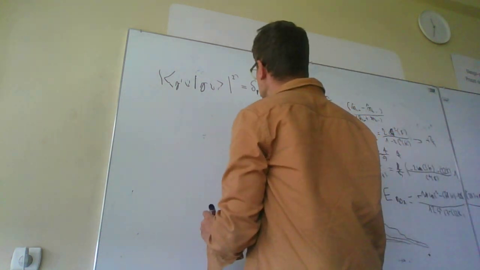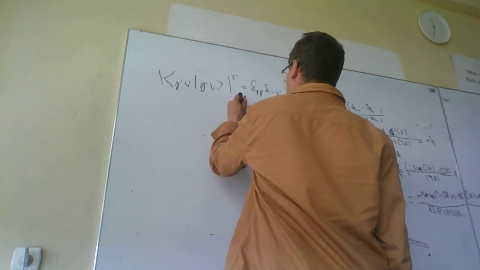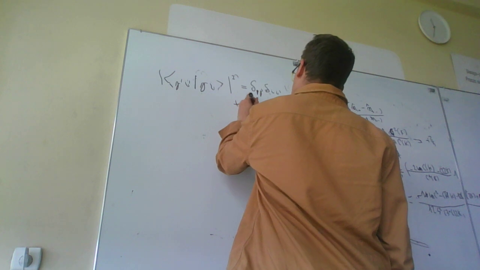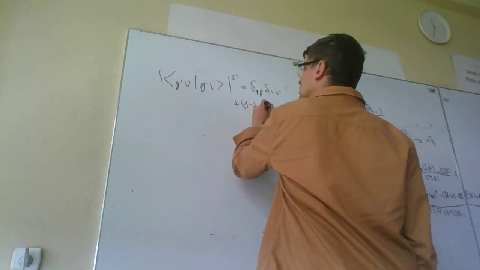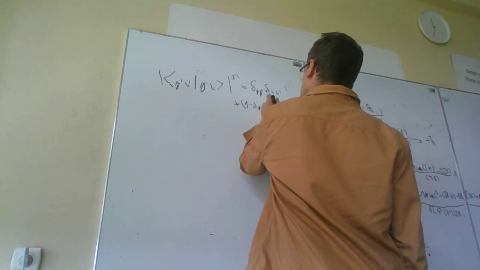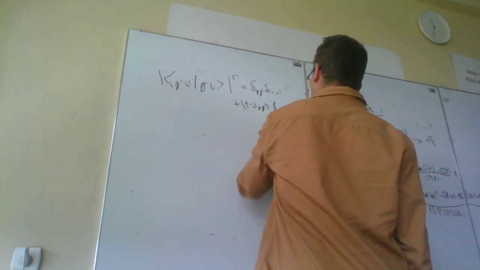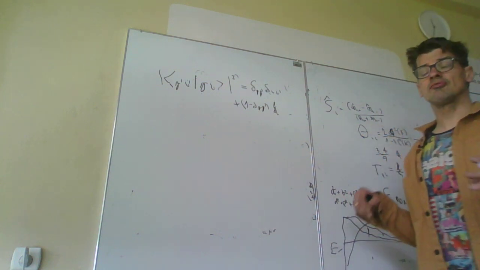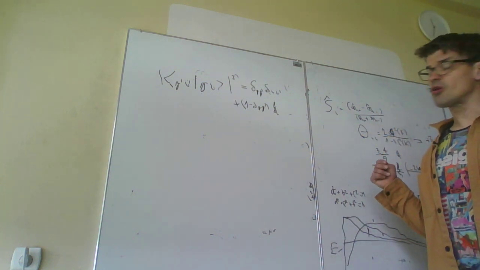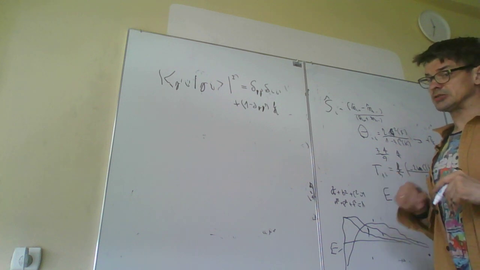But if it's not, then this overlap is constant and equal to 1 over d. So if something happens in one of the bases, you will have no idea what happens in the other bases.